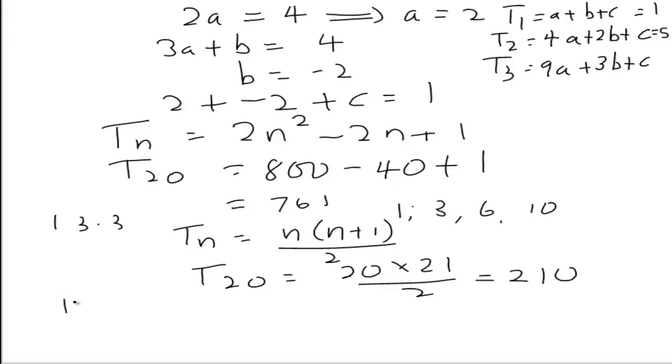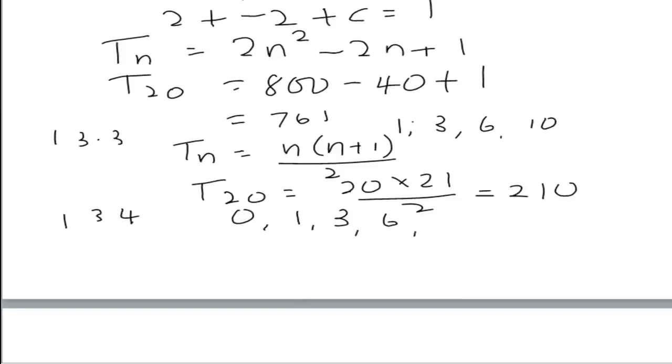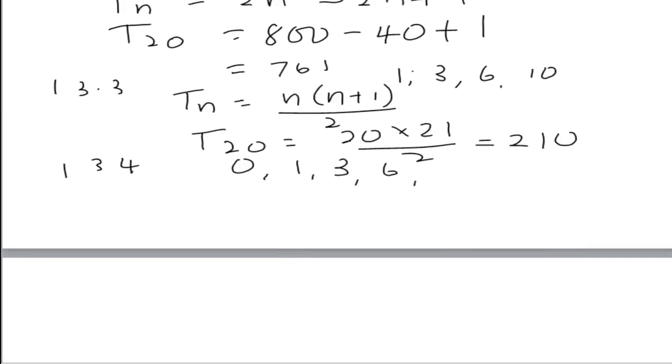And then you go to 1.3.4, 0, 1, 3, 6. Now 1.3.3 was triangles facing upward. Now this problem is triangles facing downward. You'll notice from 1, 3, 6 it is also a triangular sequence.